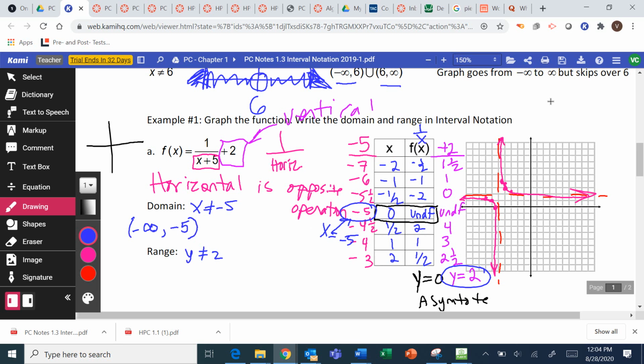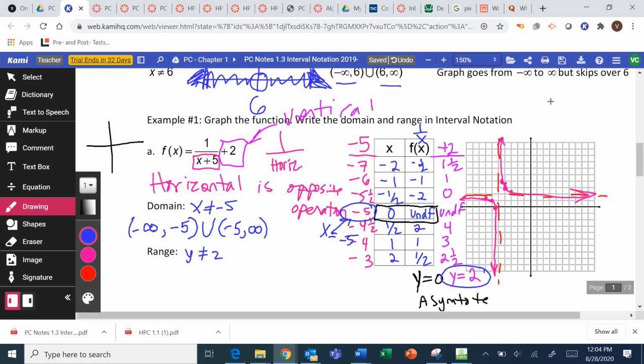So I'm going to stop my first interval at -5 with a parenthesis, and I'm going to put a union. Then I'm going to start another parenthesis at -5, and I'm going to go all the way to infinity and close my parenthesis. So that's basically telling me we've got two pieces, but -5 is not included. There's no brackets, so -5 is not included.